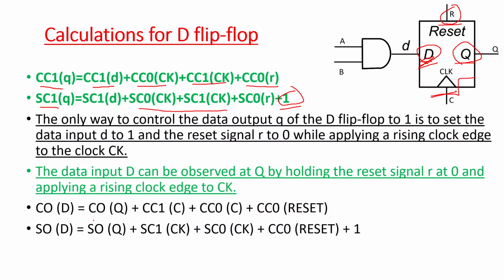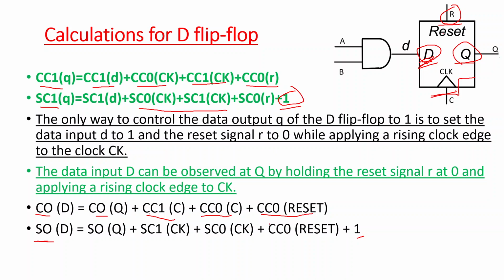So this will be equal to the combinational observability of Q, because we want to observe Q, plus the clock signal going from 0 to high. So this CC1 of C plus CC0 of C denotes the clock signal going from 0 to 1, and reset should be 0, because if reset is 1, output Q will always be equal to 0. Similarly, from this combinational observability, we can calculate the sequential observability simply by adding 1 here.